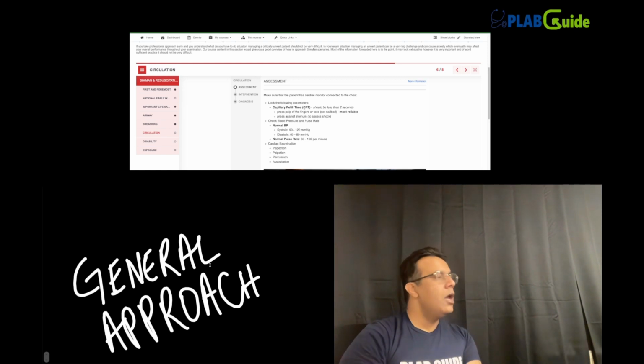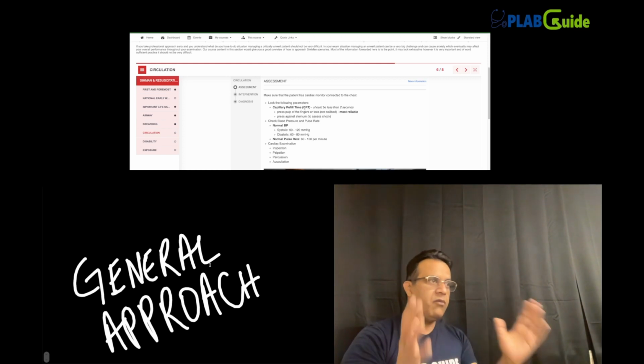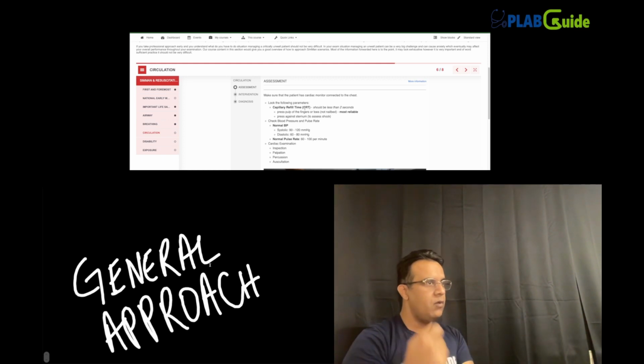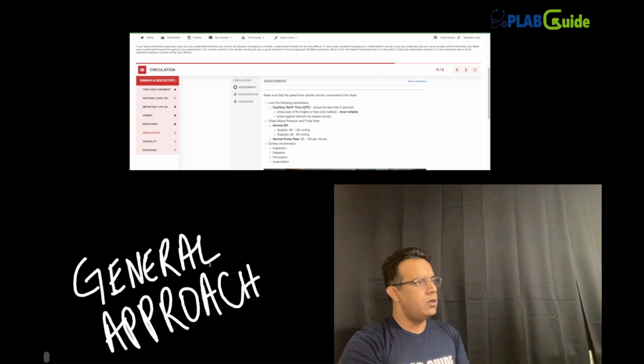When we check the pulse, it is always good practice to check the pulses in all four peripheries: radial, and dorsalis pedis artery on both sides.